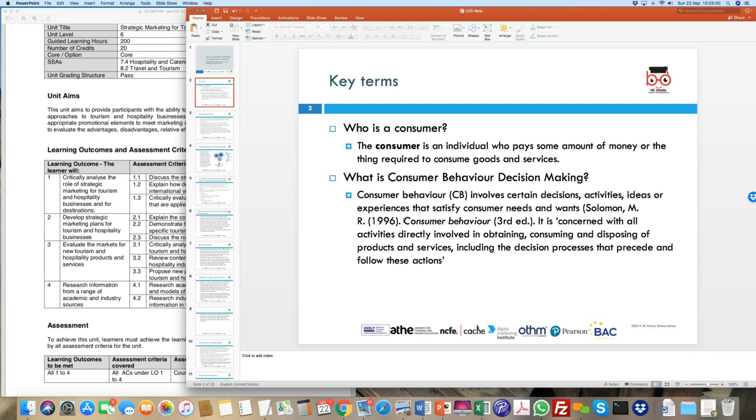So sometimes you have that perception in your mind that if I'm going to a city break, or a beach holiday, or a skiing vacation, then you will look at a certain set of activities which will help you decide or dictate the things that you will do in that destination.